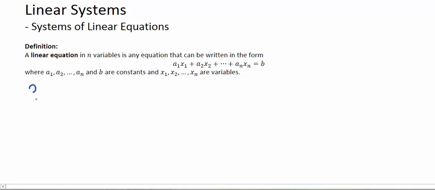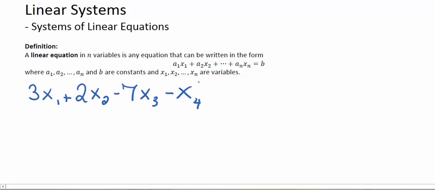We can have 3x1 plus 2x2 minus 7x3 minus x4 is equal to 4. So this one has 4 variables. And you can have as many variables or as few as you need.